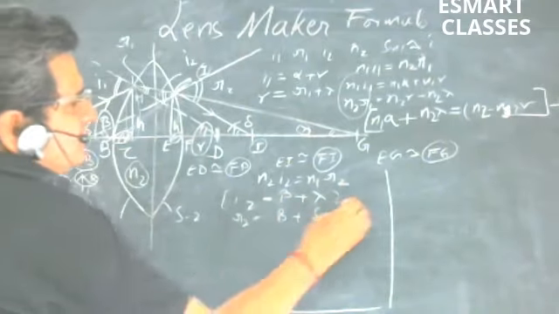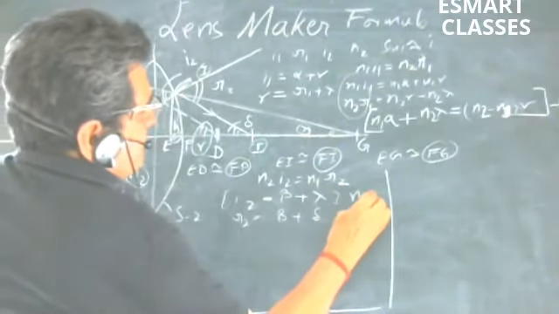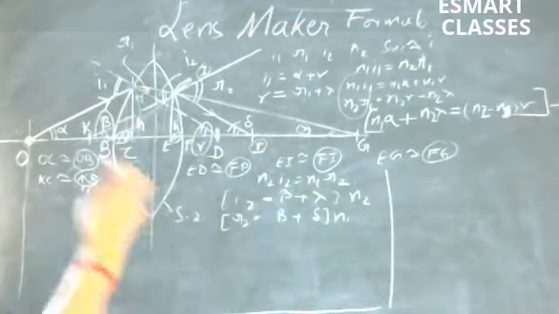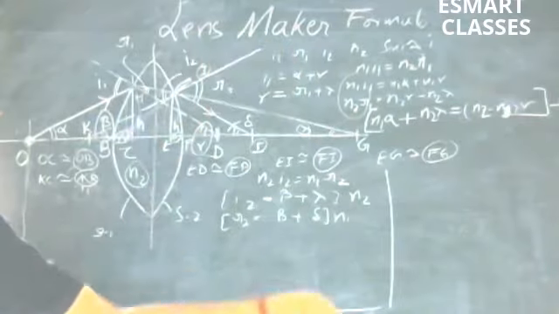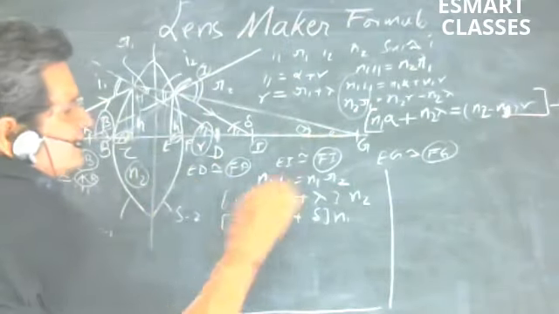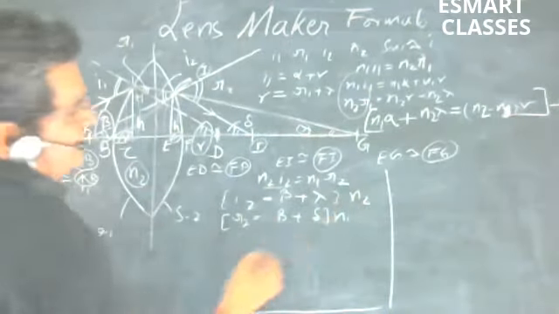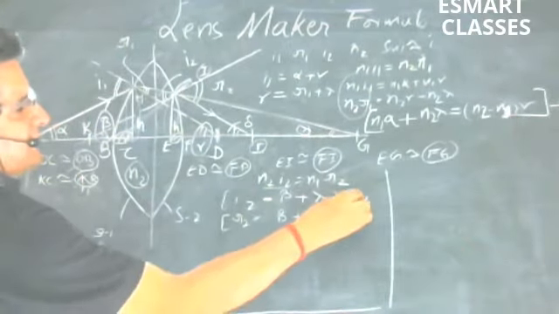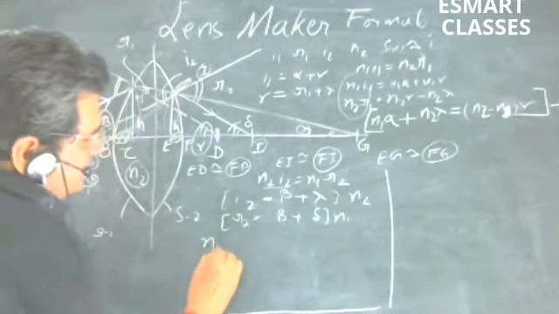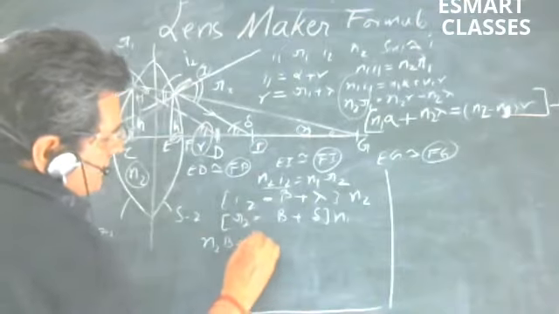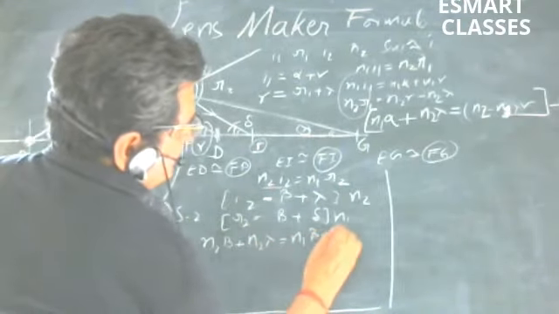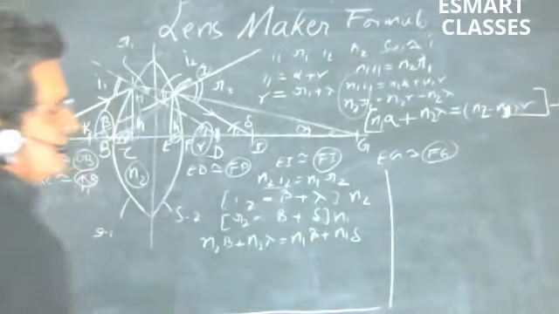Now multiply this by N2 and this by N1. Please be careful while you are writing this, because we have a tendency of writing N1 first and N2 later, but here N2 will be first, N1 is later. And finally, when you equate this, now the relationship comes N2 beta plus N2 lambda is equal to N1 beta plus N1 delta.